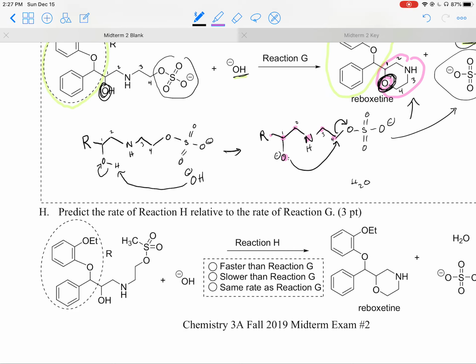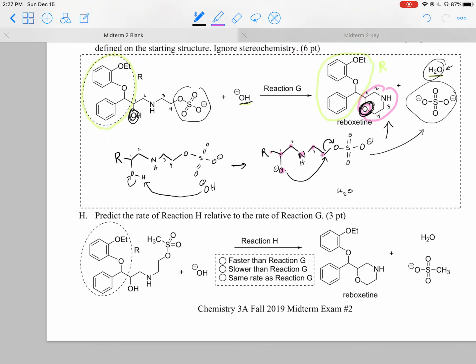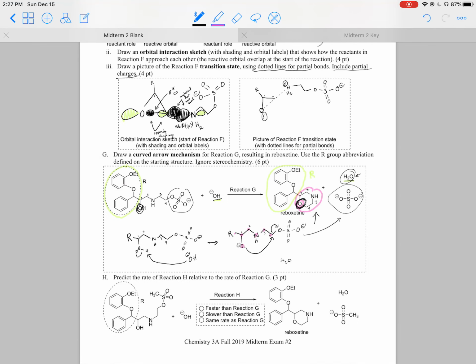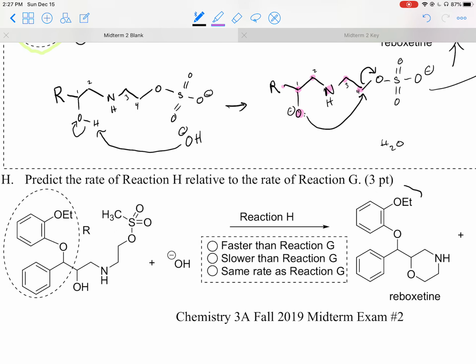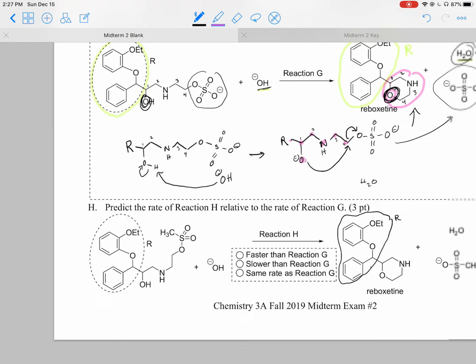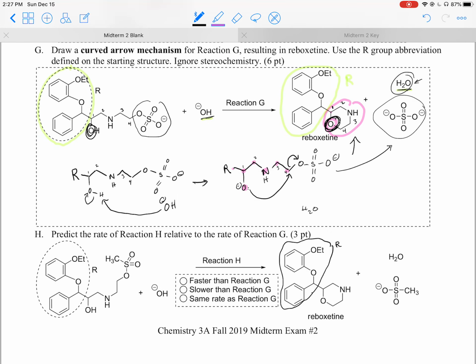says predict the rate of reaction H relative to the rate of reaction G. So what's different here? Let's circle the R group again. It's going to go up to this. It's going to be our R. So what's different here?